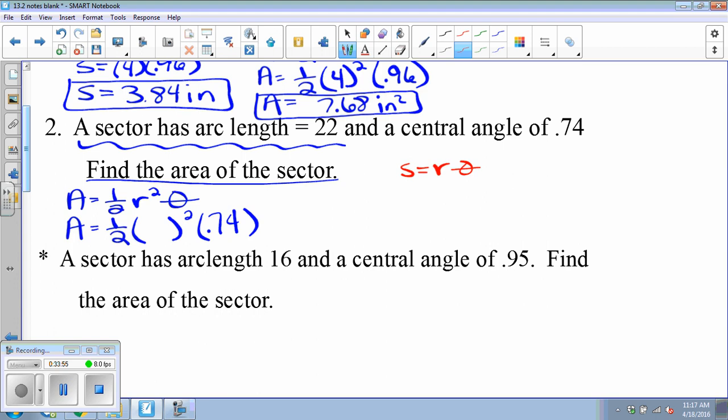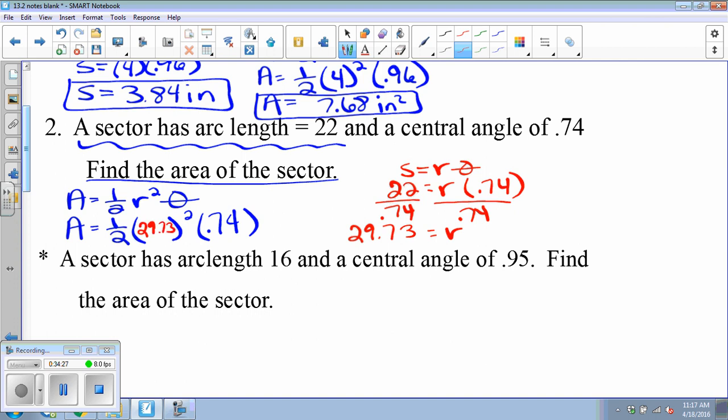What's S? 22. 22 equals R times 0.74. So now I just divide both sides by 0.74. And 22 divided by 0.74 is 29.73. So now I know the radius, I can find the area.